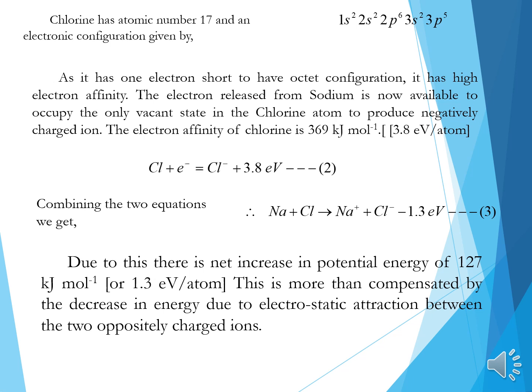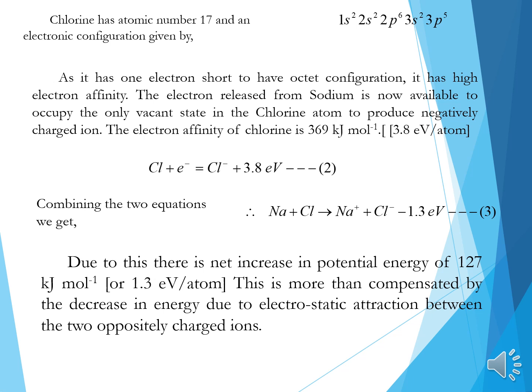The electron released from sodium is now available, so chlorine takes up this electron, and the vacant state in the chlorine atom produces a negatively charged ion. The electron affinity of chlorine is 3.8 electron volt per atom. So chlorine plus an electron gives a chlorine negative ion plus 3.8 electron volts.